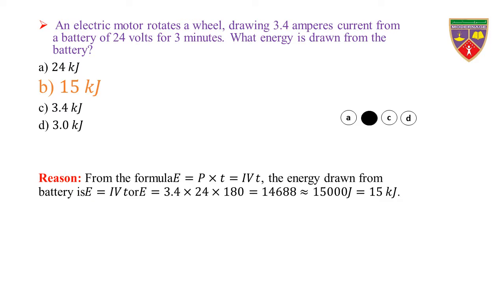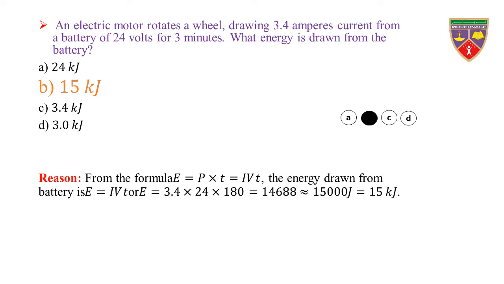Reason: from the formula, energy is equal to P into T, which is equal to I into V into T, where I is the current, V is the potential difference, T is the time.